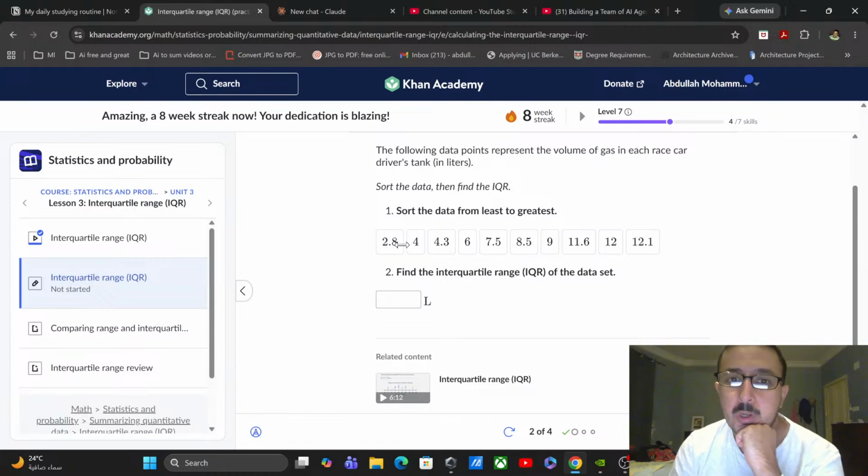4, 6, 7, 8, 9, 10, 2, 3, 4, 5. Okay, so I got these two as the median, which means I'm left with 4 here and 4 here.